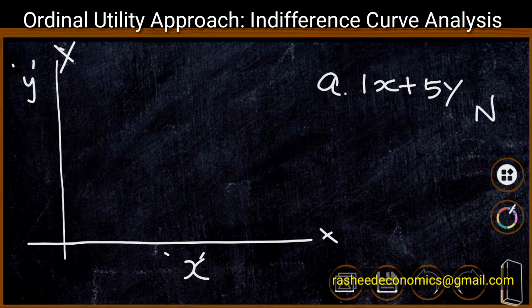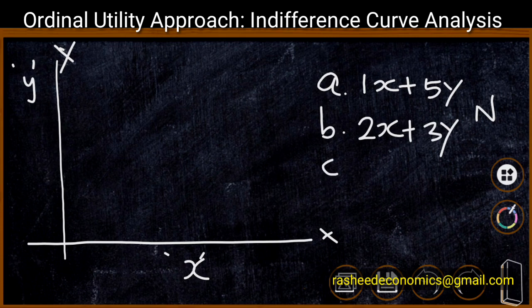That means the consumer is having a particular level of satisfaction by selecting point A. Now he is adding another point to this group. Here also there is one condition. He has changed the combination, that is B. It has 2 units of X plus 3 units of Y, but the consumer is getting the same level of satisfaction N.